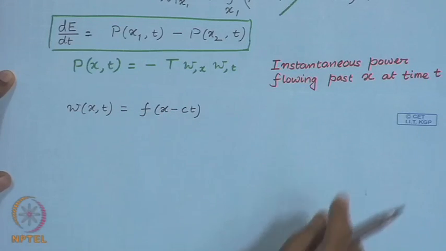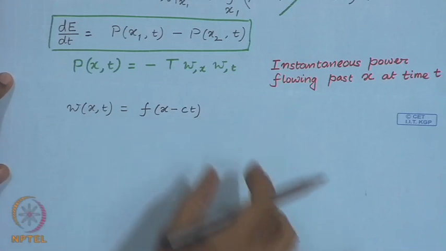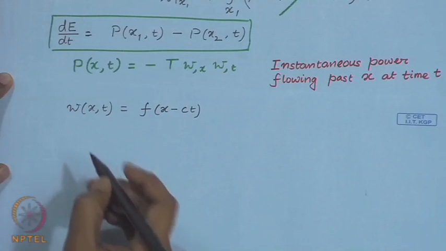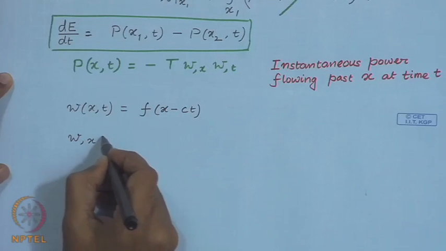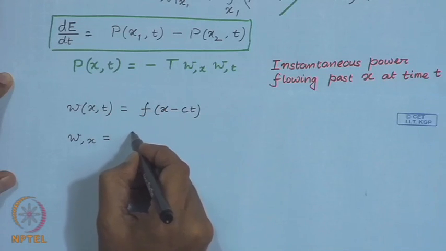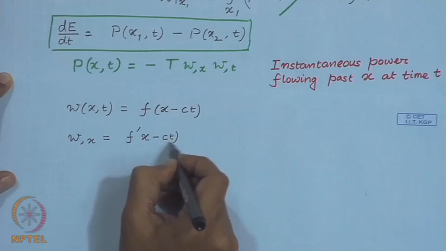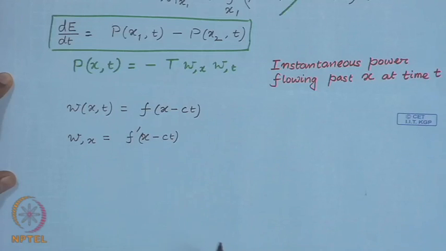So, we have a positive travelling wave in the string. So, del w del x is given by this, where this prime indicates derivative with respect to the argument. The prime represents derivative with respect to the argument.